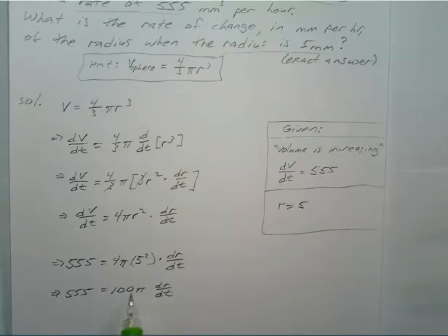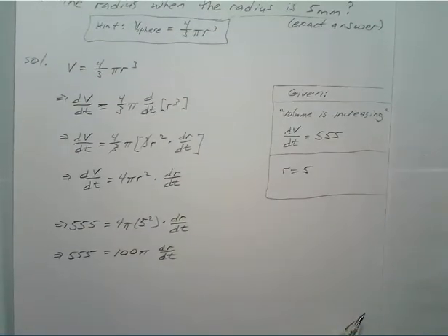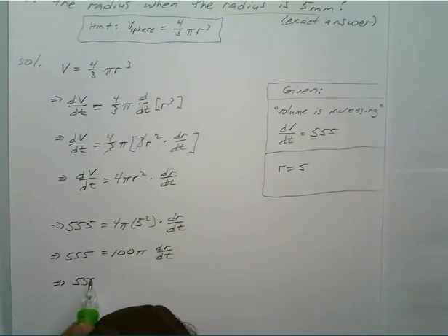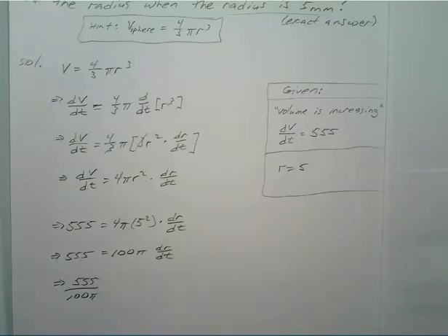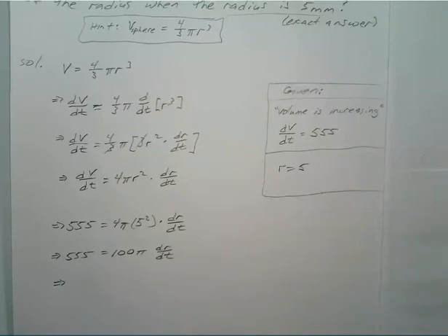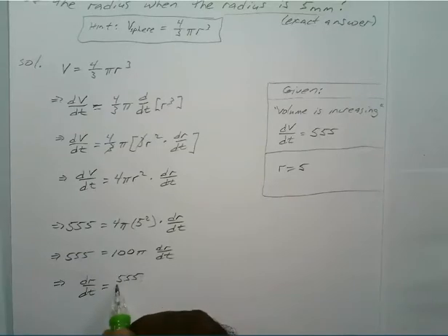Okay, so we're going to go ahead and divide both sides by 100 pi. You don't have to switch it around, but I just like to have my dr/dt on the left. So dr/dt equals 555 over 100 pi.